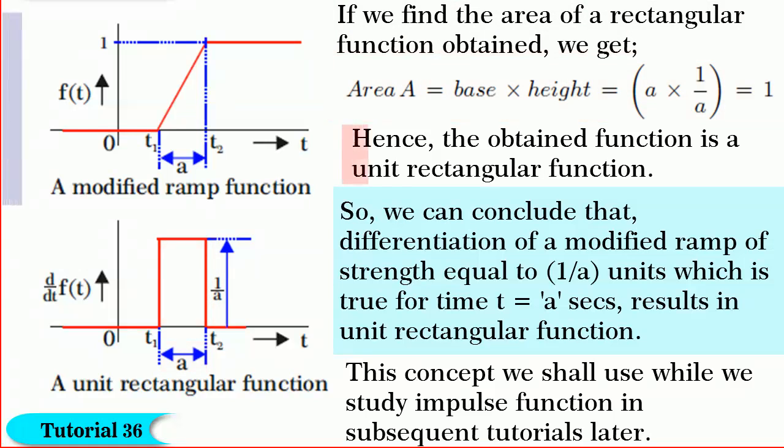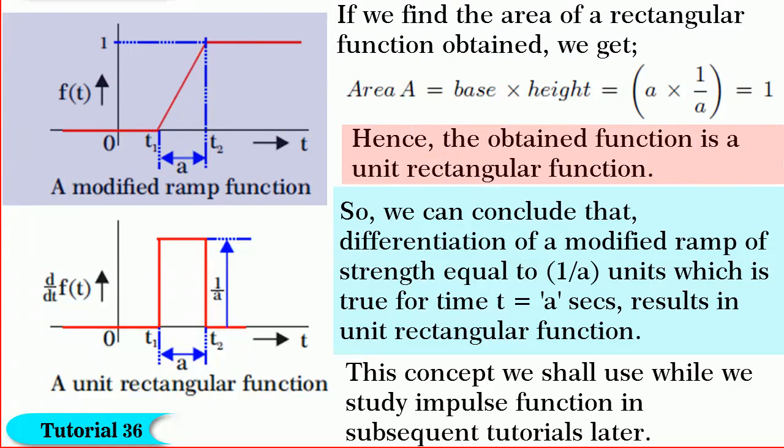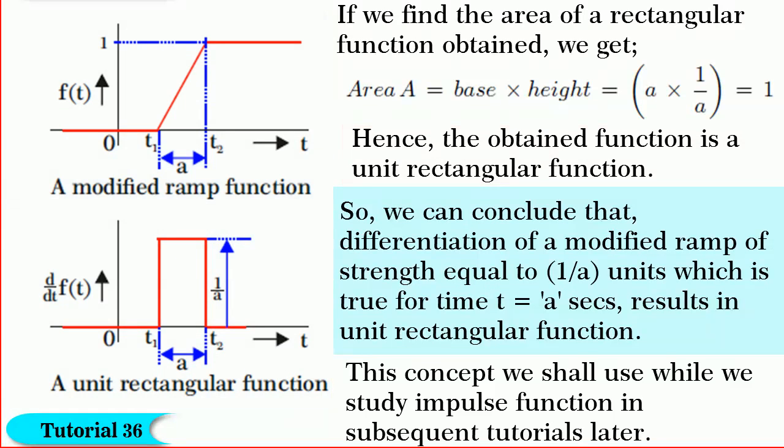Hence, the differentiated modified ramp function results in a unit rectangular function. As I told you, a modified ramp is a concept. This concept we shall use while we study the impulse function in the subsequent tutorials later.